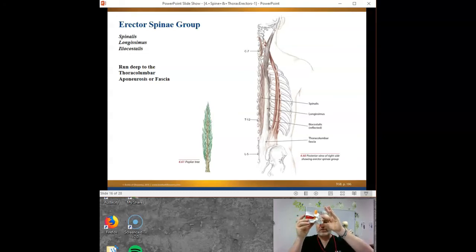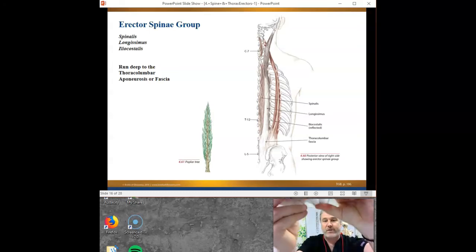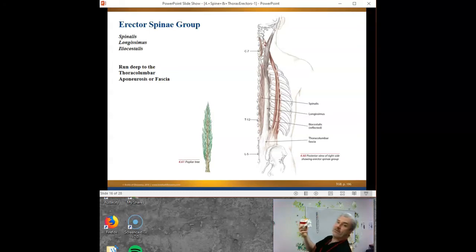If these pull together, it closes here in back, but it opens in front. This is how my spine is right here. If this goes down, this goes up. If that happens at 24 joints, this is what happens.